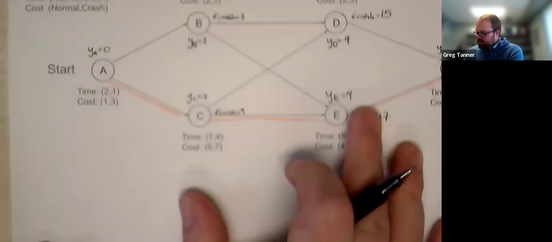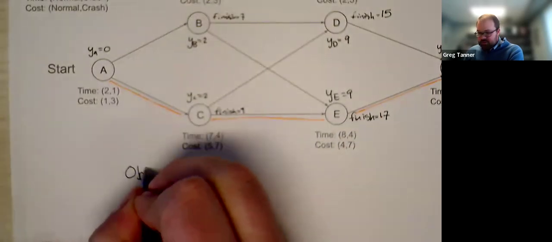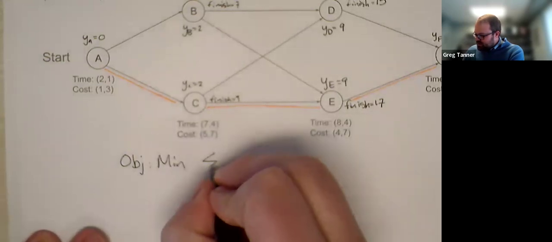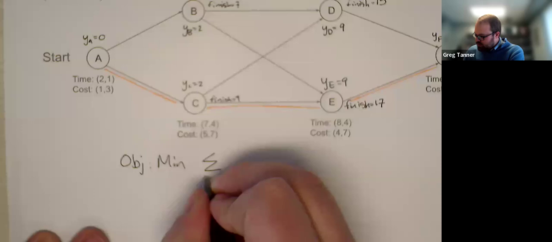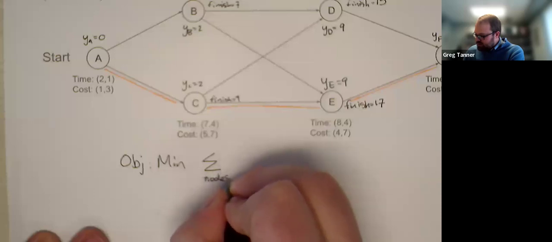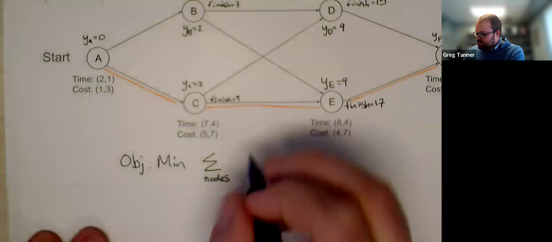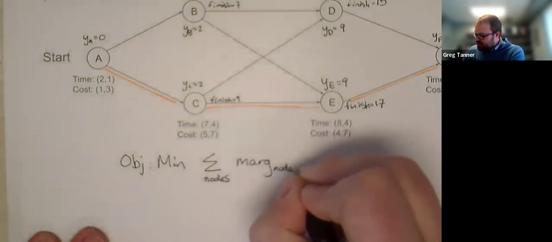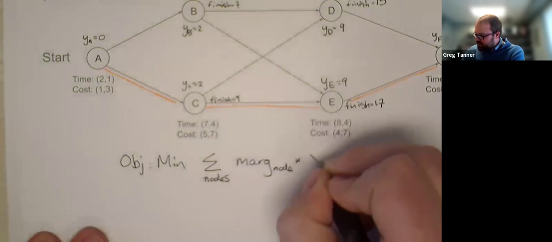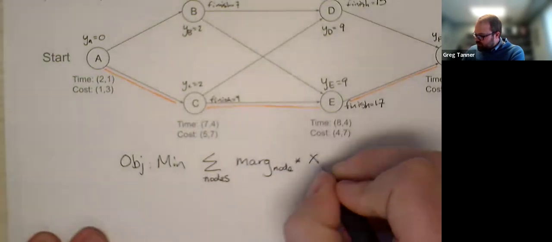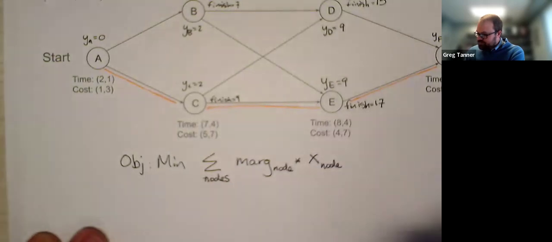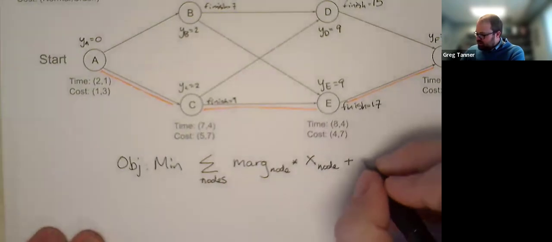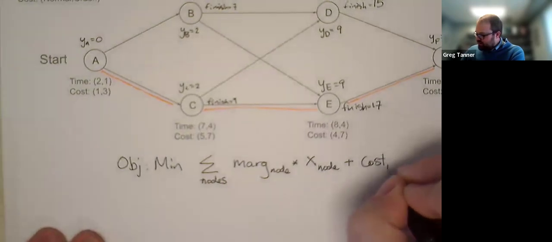Then our objective is to minimize the sum over all nodes, because the nodes are where our activities are, of the marginal cost for that node multiplied by the amount that we crash for that node, plus the normal cost for that node.